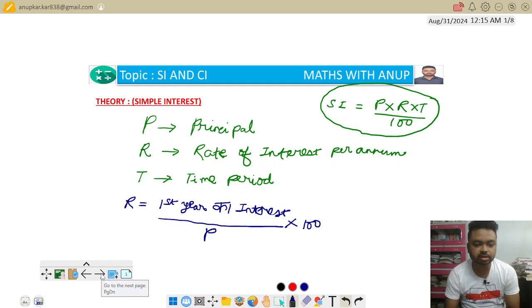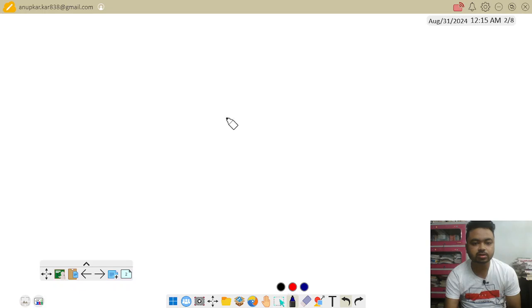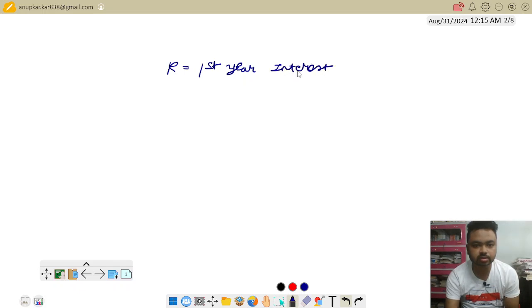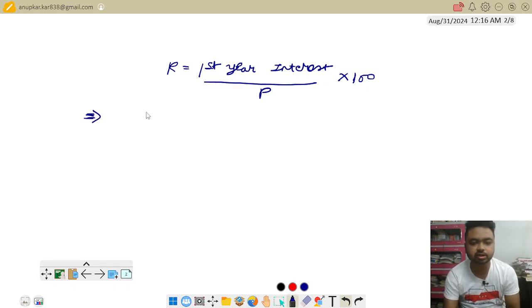Now let's understand it better. As we are aware, rate equal to first year interest upon P into 100. अगर हम लोग इस इक्वेशन को रीअरेंज करते हैं तो फिर क्या होगा?